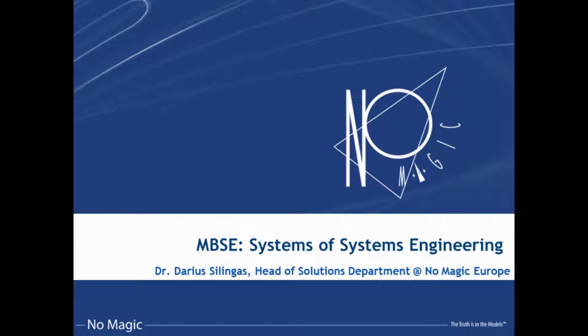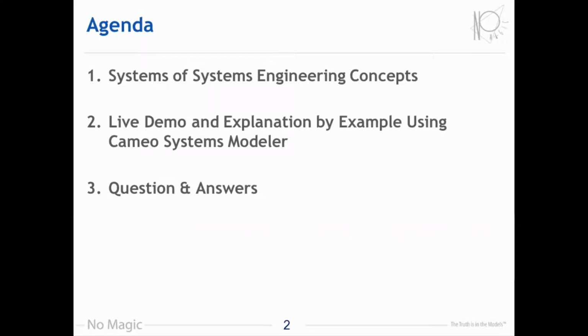So let's start talking about systems of systems engineering, and I would like to start with a short agenda, what we will do today. We will start by going through just a couple of slides about system of systems engineering concepts.